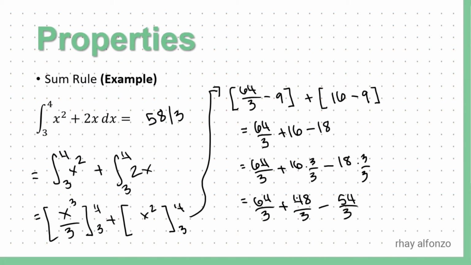So 64 plus 48 is 112 minus 54. We have the same answer, which is equal to 58 over 3. So again, this may appear harder since we're just doing simple examples, but when we reach integration by partial fractions, this sum rule will be a lot more useful.